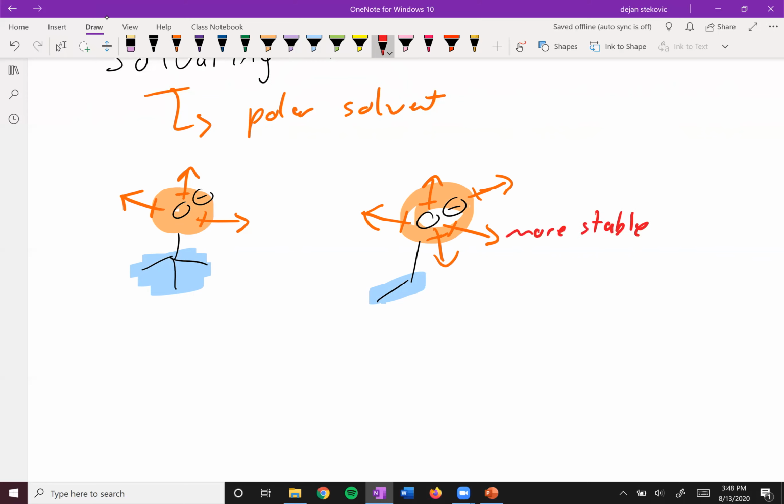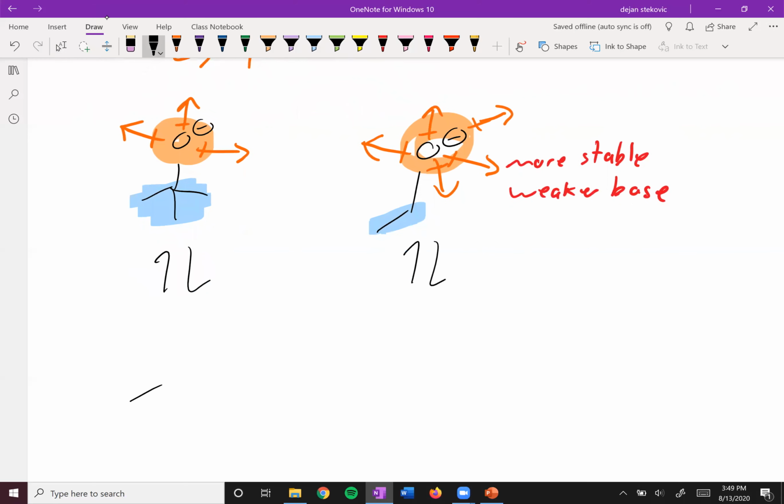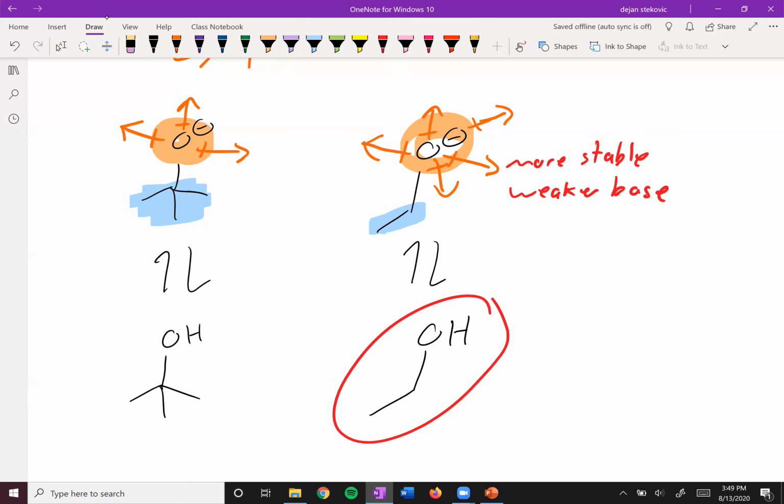If it's more stable, it's going to be the weaker base. And then if you think about vice versa, their conjugate acids, this guy over here will then be the stronger acid.